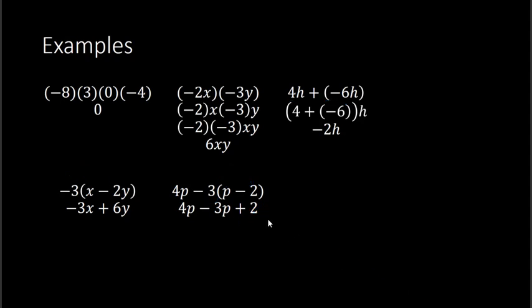Then we can combine 4p minus 3p. I combine by taking 4 minus 3, which is 1. So I have 1p, or just p, and once again that should be a 6. So my final answer would be p plus 6.